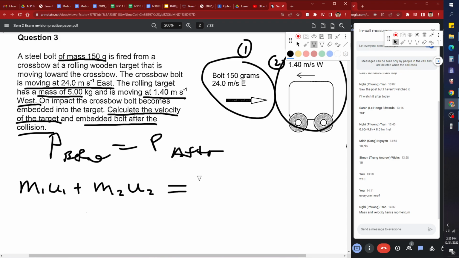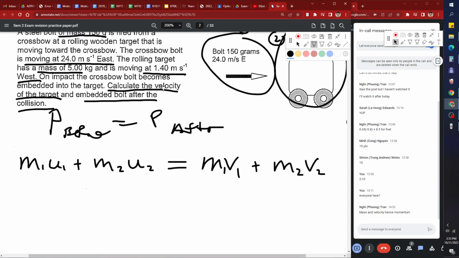So their momentum afterwards means their mass is the same, but their velocity should change. See? V over here and U before. And then the target, its mass is the same, but its velocity should change. Okay? If we read this carefully, though, we notice that for this side, calculate the velocity of the target and the embedded bolt. That means they become one.